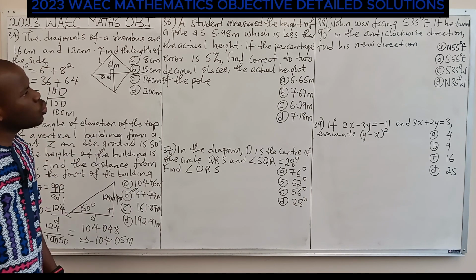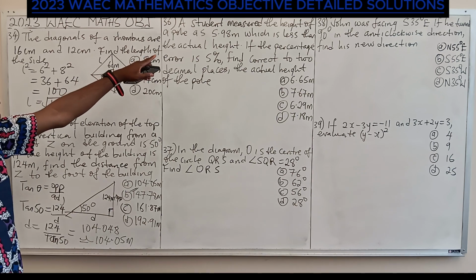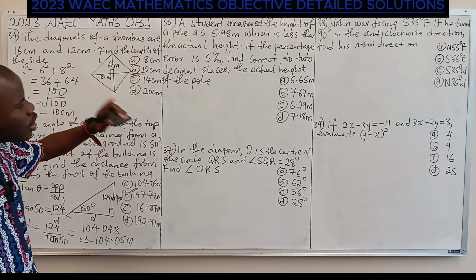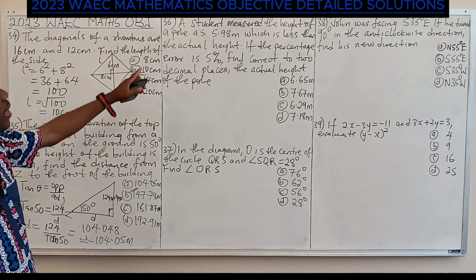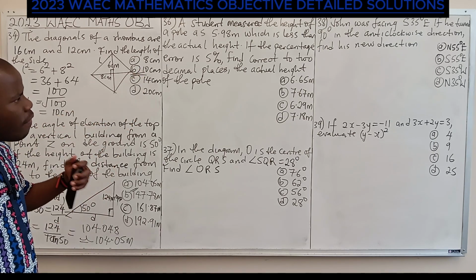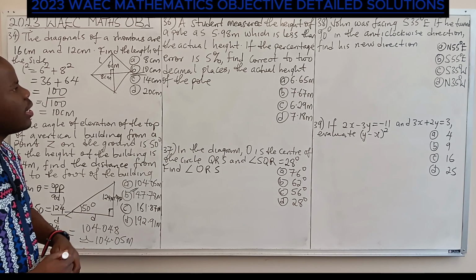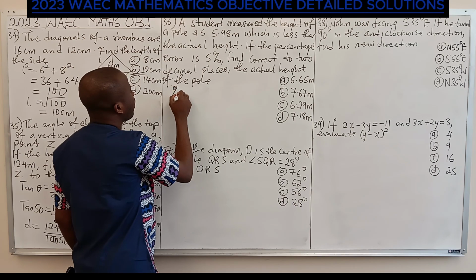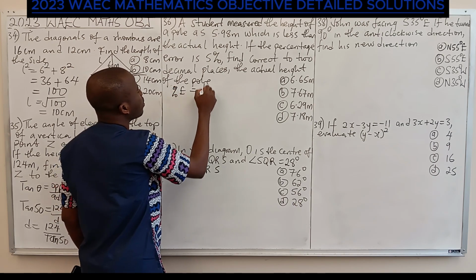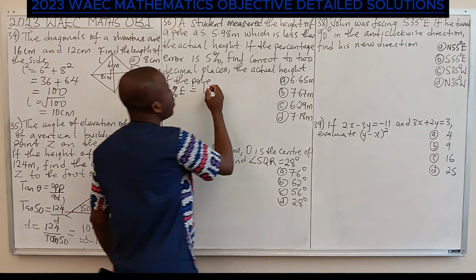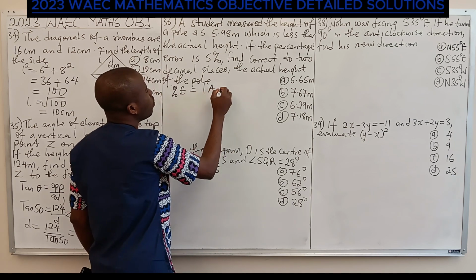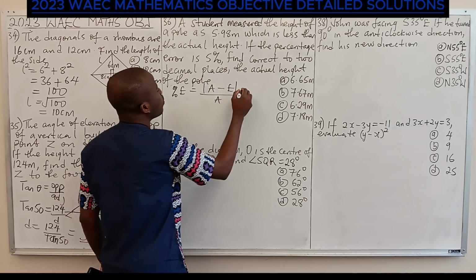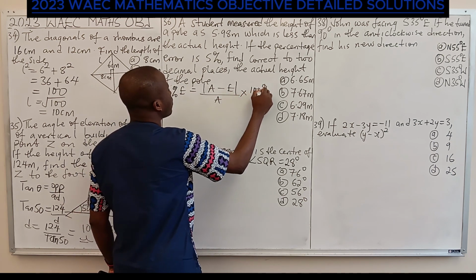Question 36 says a student measured the height of a pole as 5.98 meters, which is less than the actual height. If the percentage error is 5%, find correct to two decimal places the height of the pole. So we know that percentage error is the actual value minus the estimated value over the actual value times 100%.